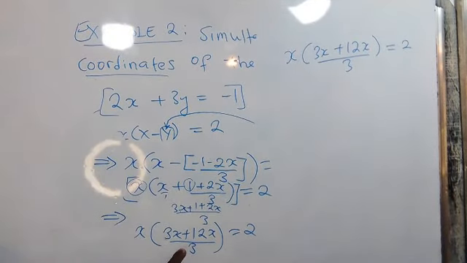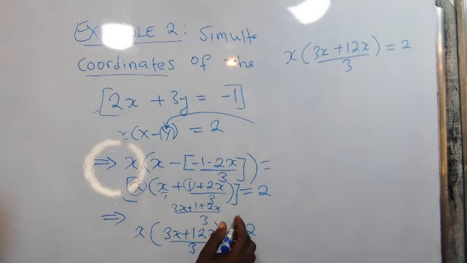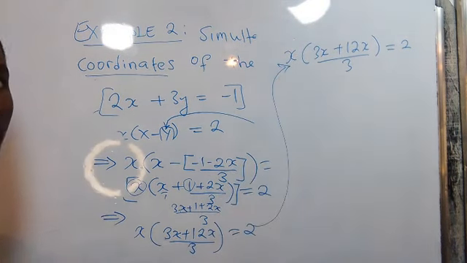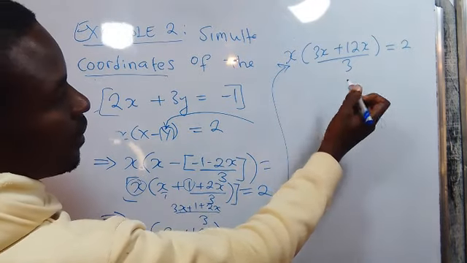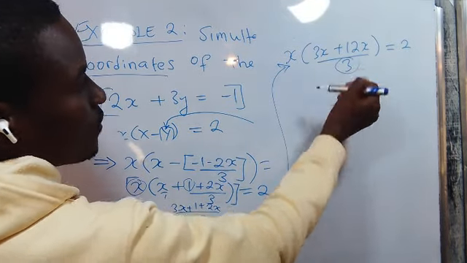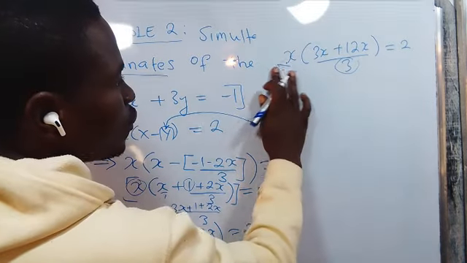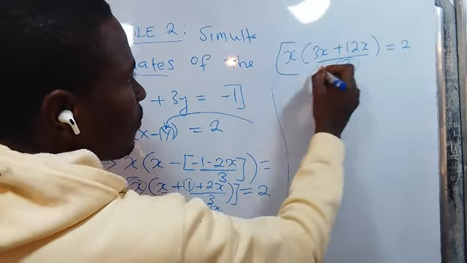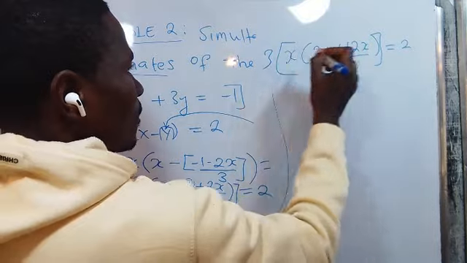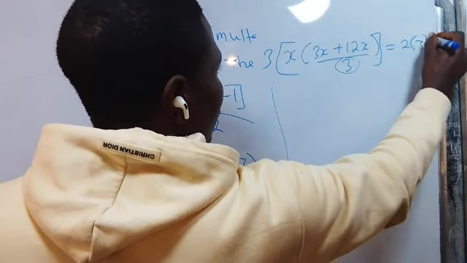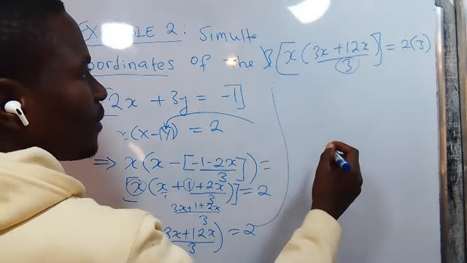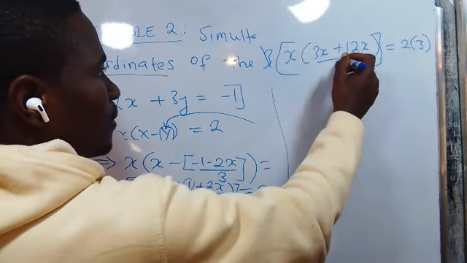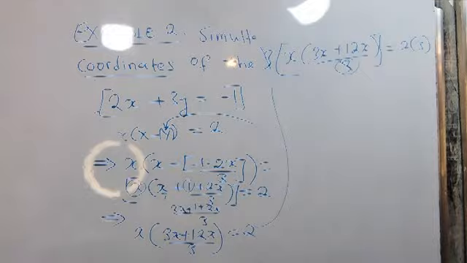What I've done here is just to write it now. Now from there, I can get rid of this 3 by multiplying both sides of this equation by 3, so that this 3 goes away.